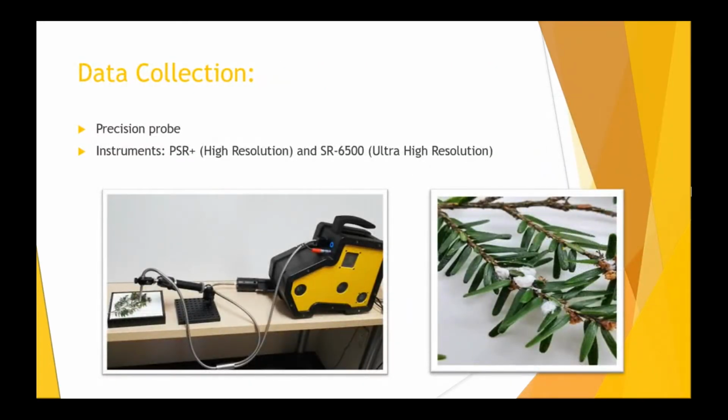So here is some of the data collection that I used for this analysis. The two instruments, of course, that I used were the PSR Plus and the SR-6500. But when I had an opportunity to get out into the field with one of the ecologists, I realized that these were pretty small infestations to take a look at, and it really required some precision in order to get these measurements.